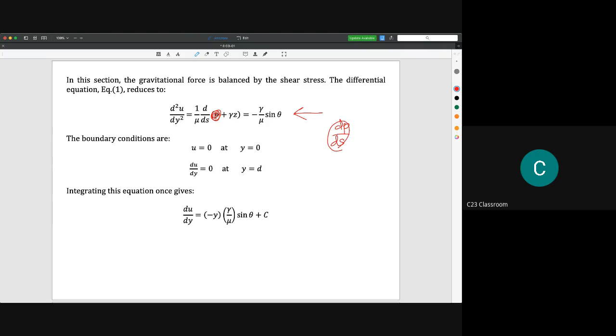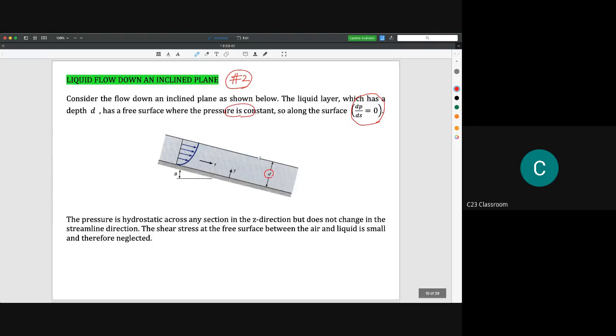And then it becomes negative y over mu sine theta. The negative here is about the axis of the gravity, because the mu here is rho g. We assume that gravity is taken like this, and then we could substitute it into these terms and also these terms.